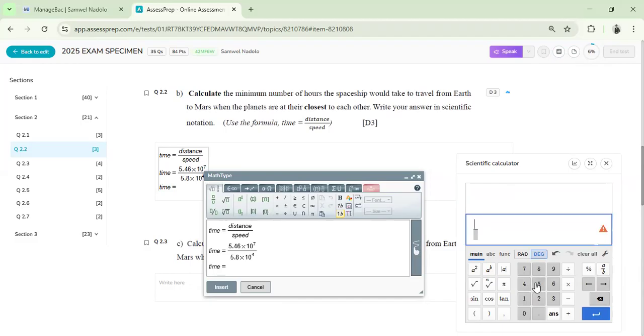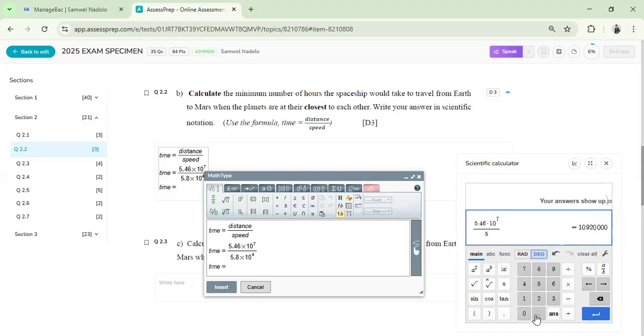In the numerator, you're going to write 5.46 multiplied by 10 raised to, you click A raised to B, which is power, 7. And then on the denominator, we'll have 5.8, not 58.